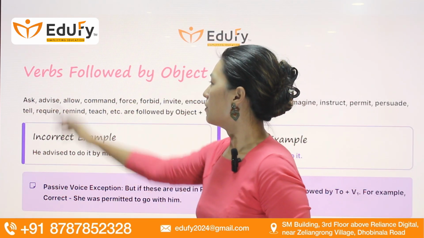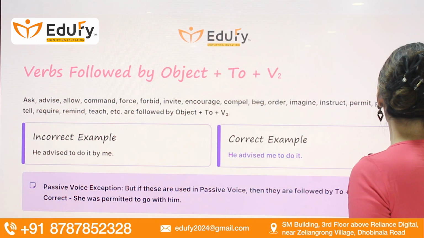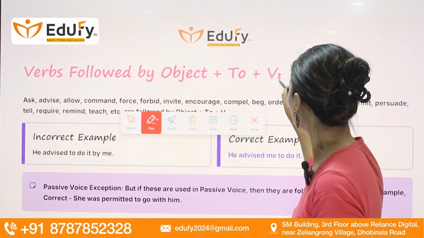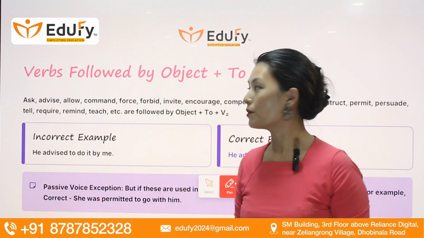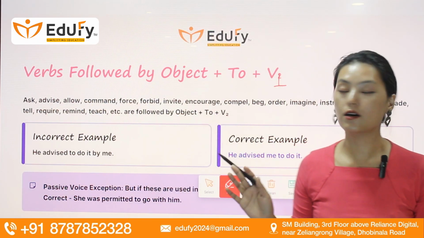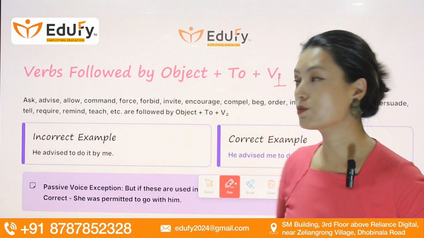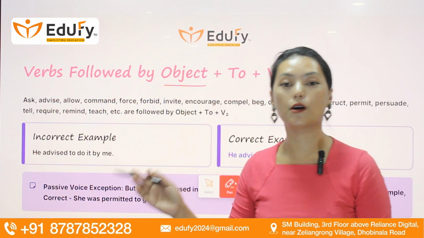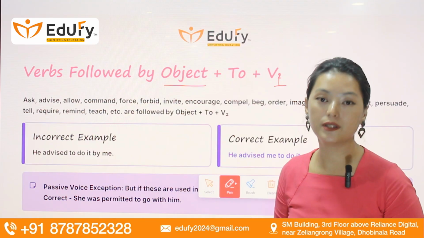Let's take a look. Verbs that are followed by object plus to plus verb 1. Okay, not verb 2 but verb 1. So what does this mean? There are certain verbs such as ask, advise, allow, command, forbid, invite, encourage, etc. These words are followed by objects. If you do not have an object following these words, then that means there is an error within the sentence.